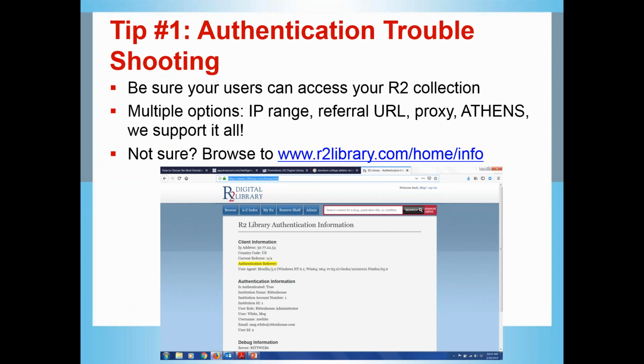This tells you, and will tell us here at Rittenhouse, exactly what information is coming in from that session on the client side, so we can confirm for you that yes, your IP ranges that you have loaded in your profile are correct and current, your referral URL is present, anything that we would need or you would need to diagnose an interruption in service is going to be on this screen.